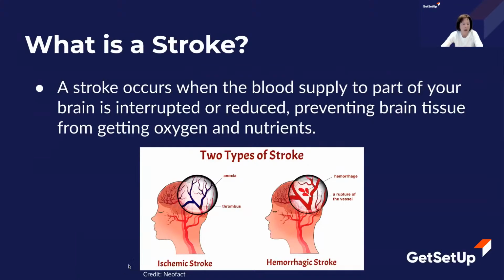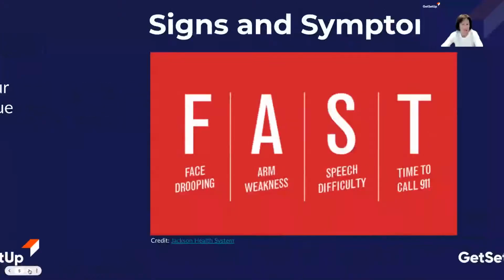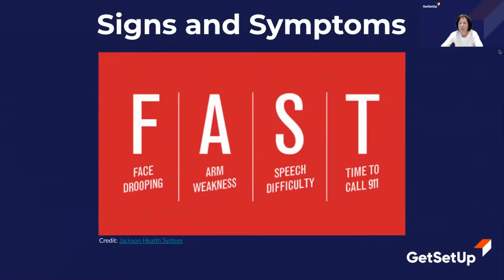So we're going to talk about, like I said, the ischemic stroke today, and that's the most common. And now we're going to look at something. This is really the most important slide, and I have it in here a couple times because this is what you're going to remember.